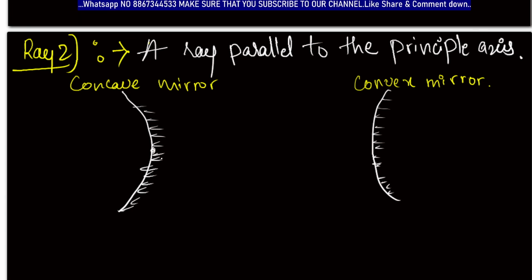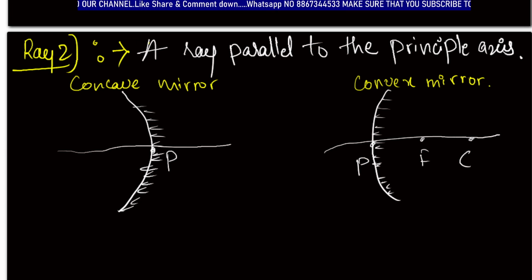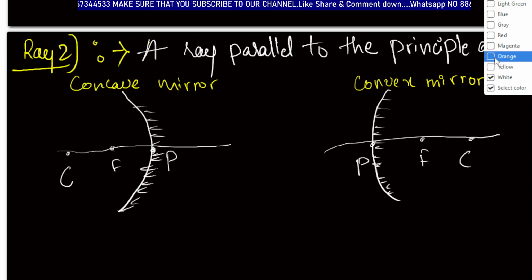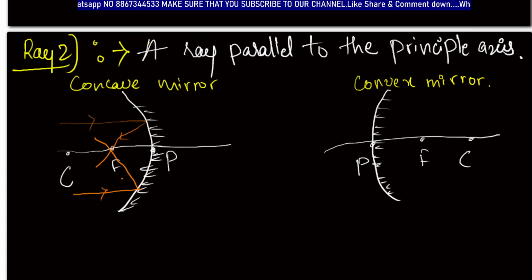So this is the P, this is the principal axis, this is the C, this is F, this is principal axis, this is F, and this is C. A ray parallel to the principal axis will be in this direction. So it passes through the focus.